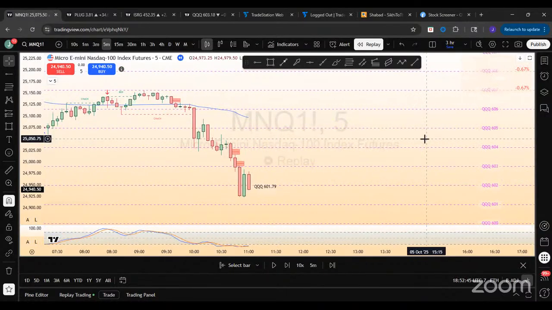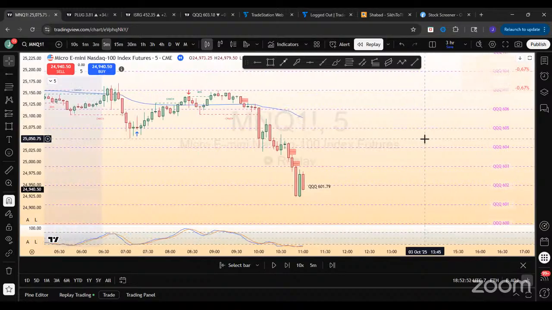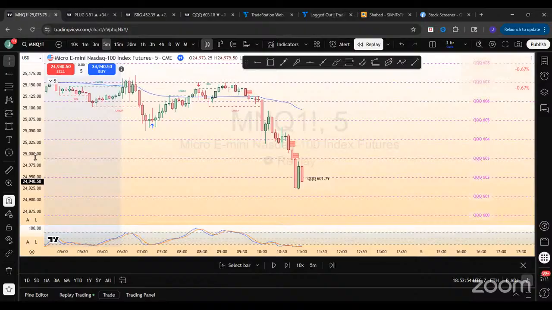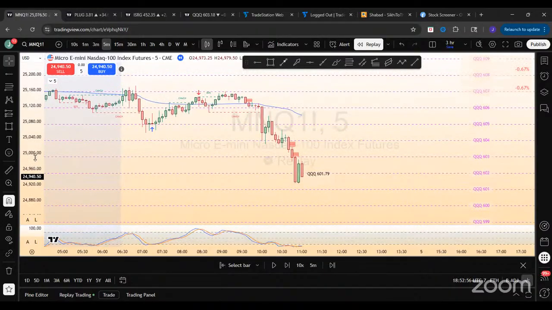I actually got a couple of my accounts funded with that drop. So I look at the GEX levels on QQQ. It does work, but you have to get used to it a little bit.